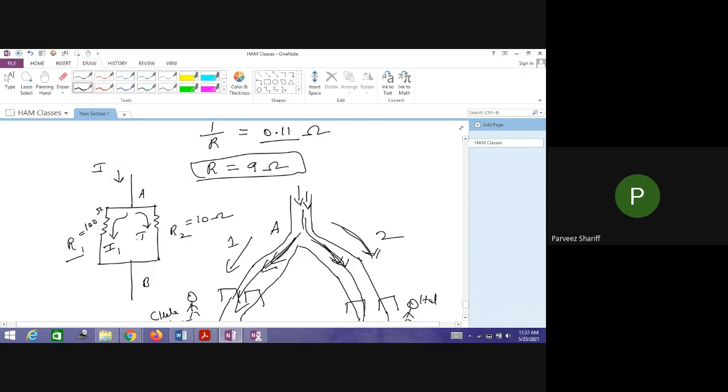Let me call this I1 and this I2. Most of the current goes through the R2 resistor because it offers less resistance, and less current flows through R1. Ultimately, at point B, the current I is the sum of I1 plus I2. Hope you understood.